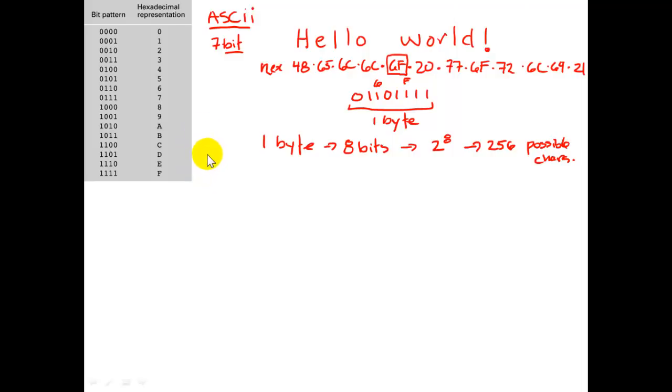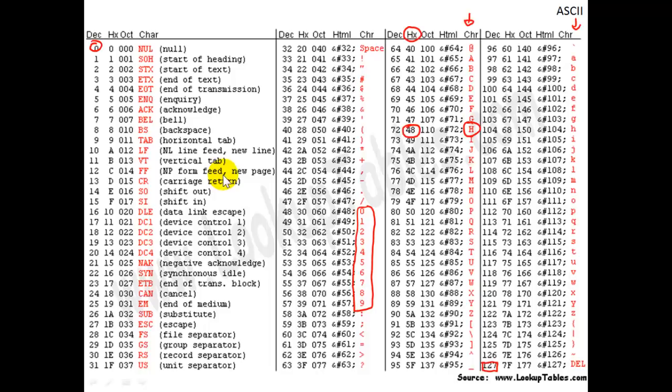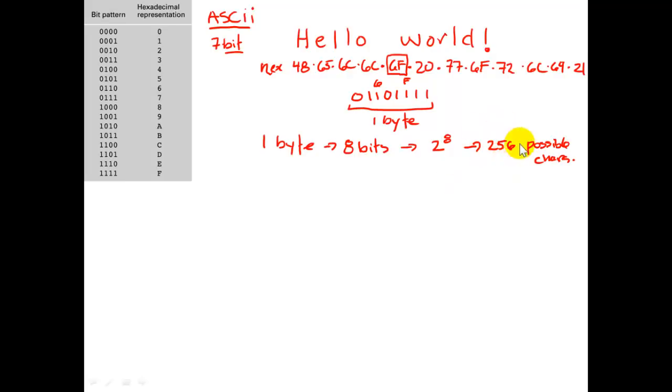The problem is once we start thinking in terms of using extended characters, so characters that do not belong to the standard Western character set like this. We need to have much more than 256 possible characters.